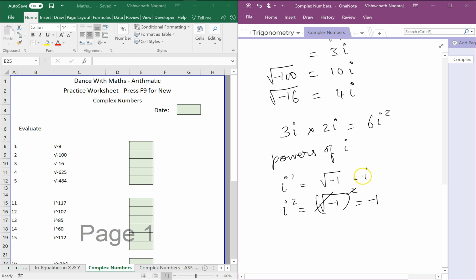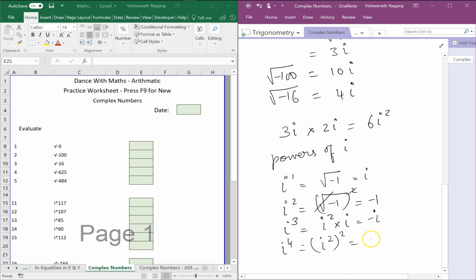I to the power of 1 is i. Now i cube would be what? i cube would be i square times i. We know i square is minus 1. Minus 1 times i is minus i. i4 is i square square. And i square is minus 1.